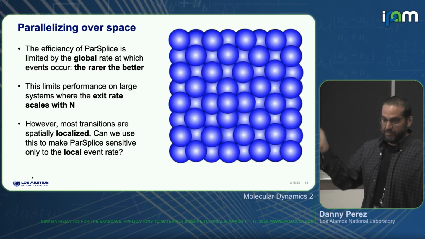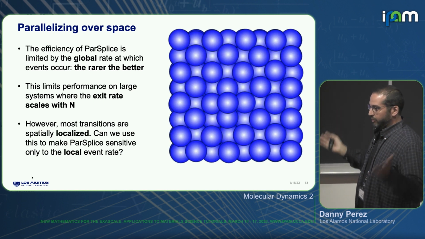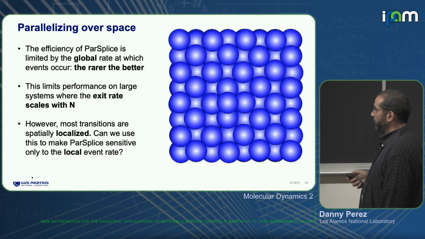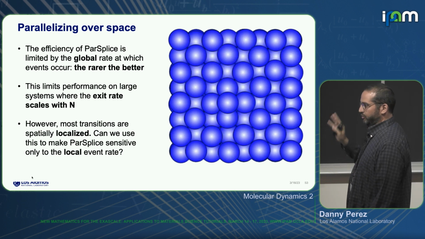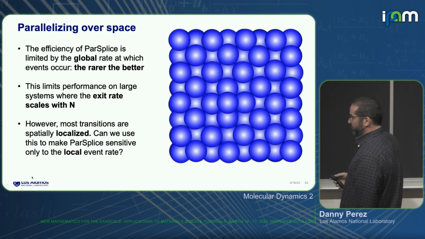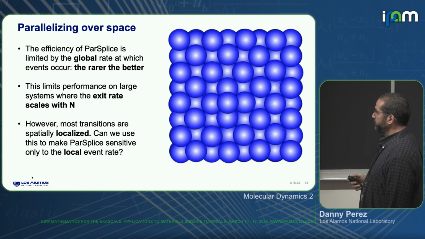And if I keep making my system bigger, something will happen somewhere all the time. And you would think that that would kill your acceleration completely. And if you run just a standard power splice that I told you, then it will likely kill you, right? At some point, we don't deal very well with large system sizes.